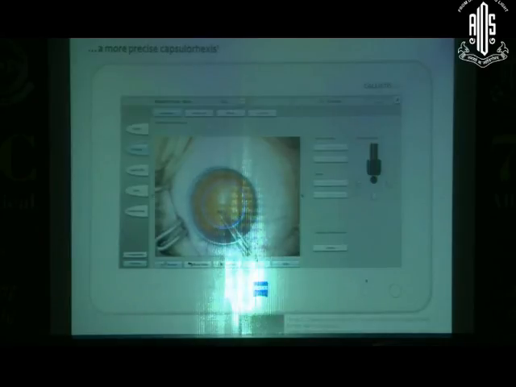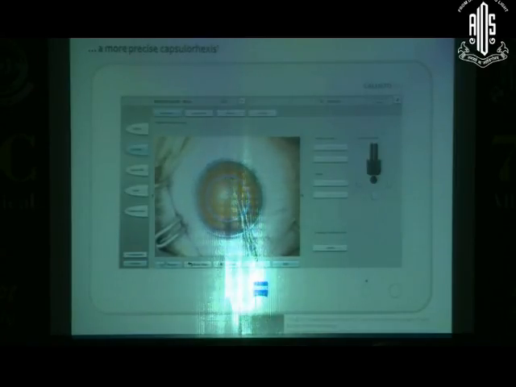We can see the axis that the IOL Master thinks we should have for the toric lens, and I can change it. If the IOL Master says 45 and I want to make it 50, I just program the 50-degree axis. So everything is transferred over according to these limbal landmarks.